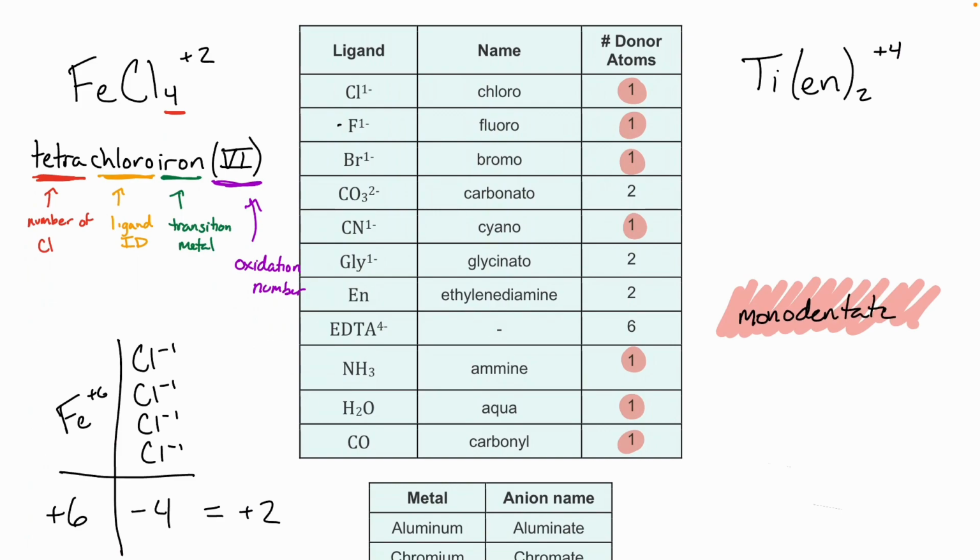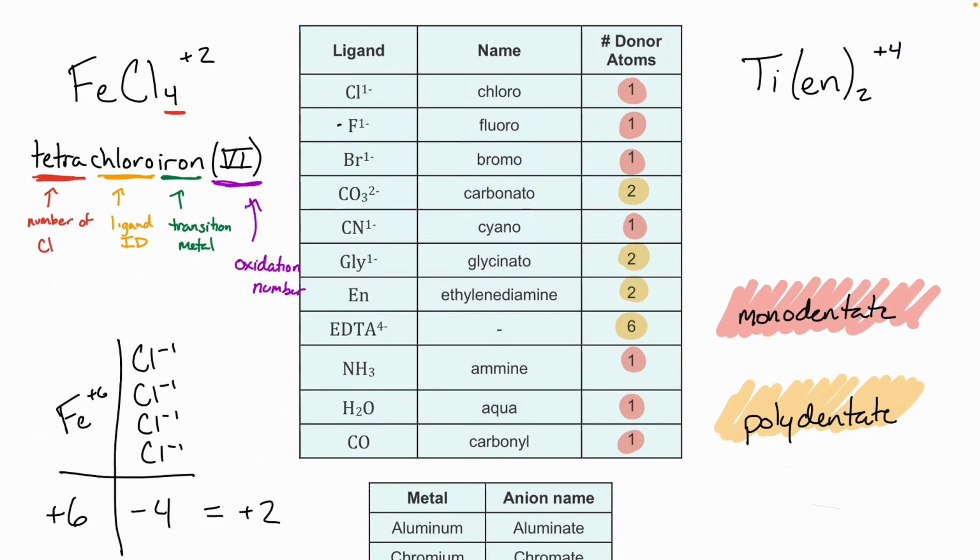But if we have more than one donor atom, these are what we call polydentate ligands. Right? So dentate is number of donors. Monodentate ligands have one donor. Polydentate ligands have more than one donor.